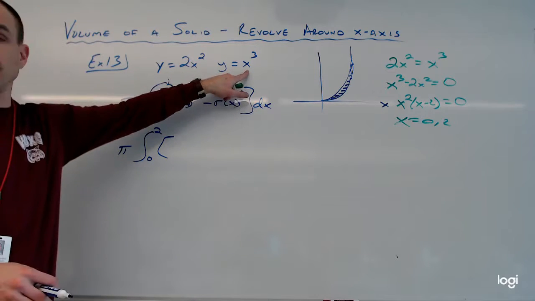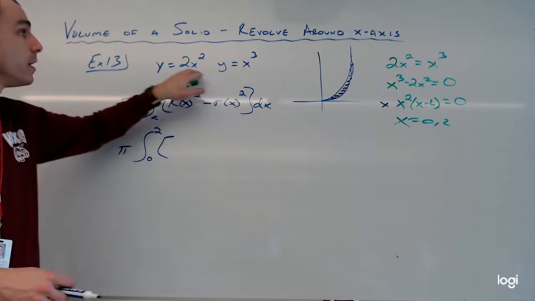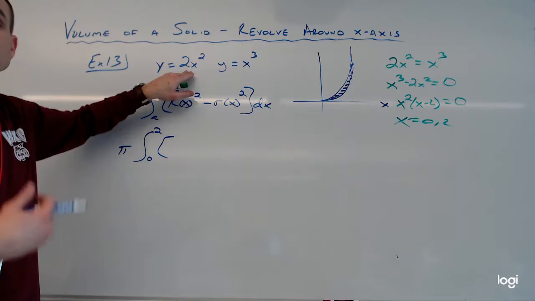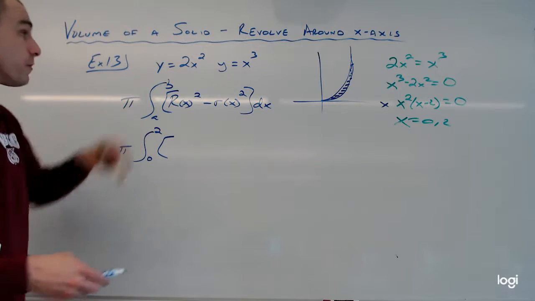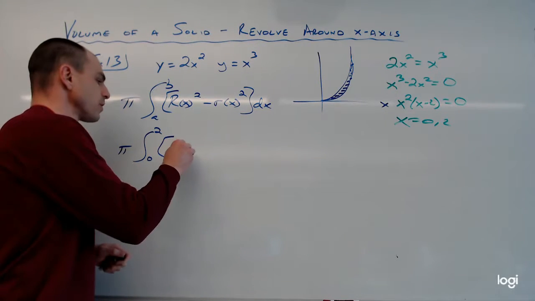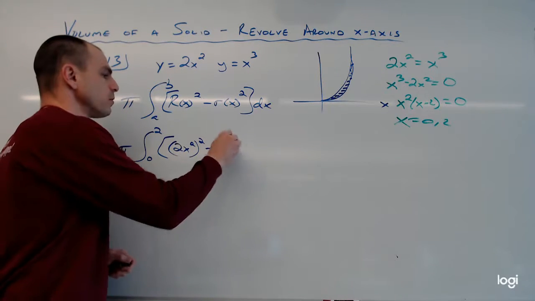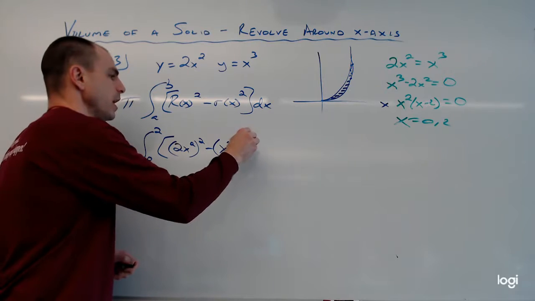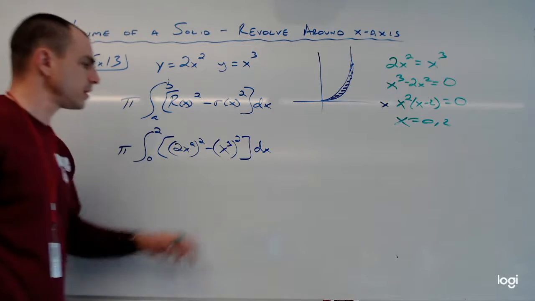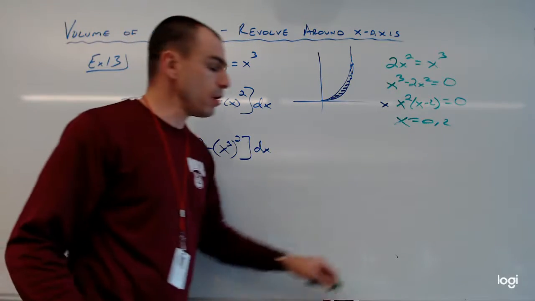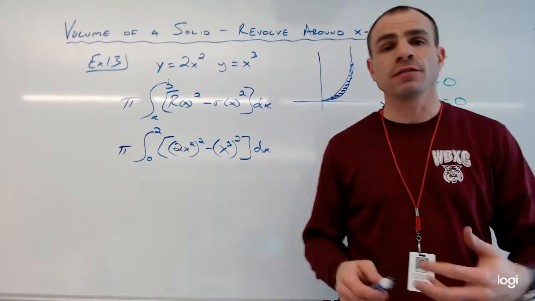If we plug 1 in for x here, we get 1. This is producing the greater value. It's our outer function. It goes first. So we're going to have 2x squared wrapped in squared minus x cubed wrapped in squared, and our dx is at the end. Now we have the integral which is going to allow us to find that volume.